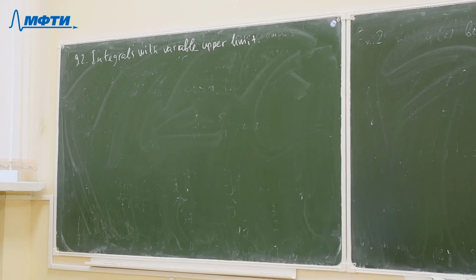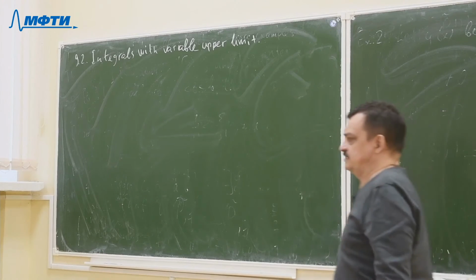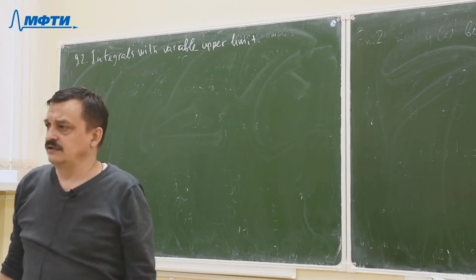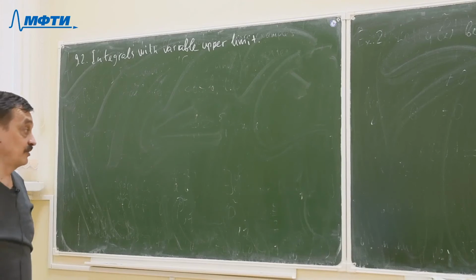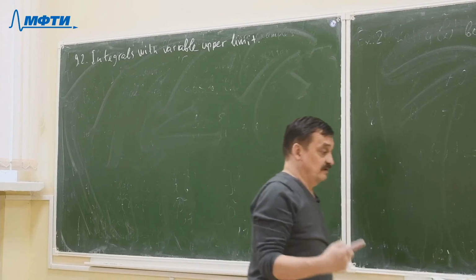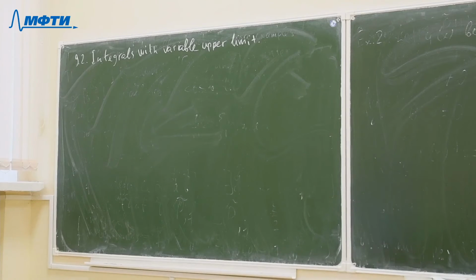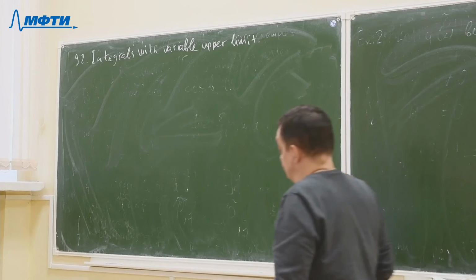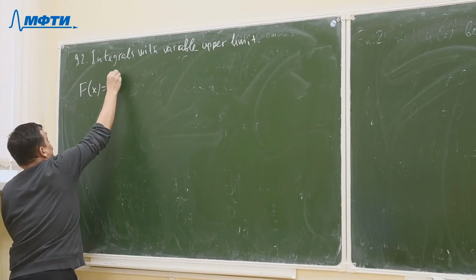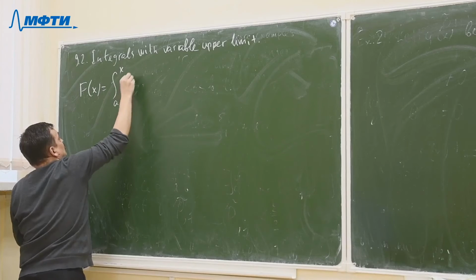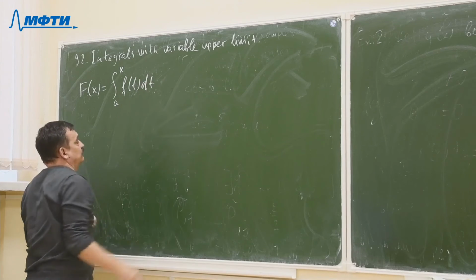In fact, practically we had something similar in the last theorem today. We had a function which was integrable over an arbitrary interval, and the right end of the interval was arbitrary, so we could consider it as a variable. So what is it? That is, by definition, the integral of f of t dt, right?